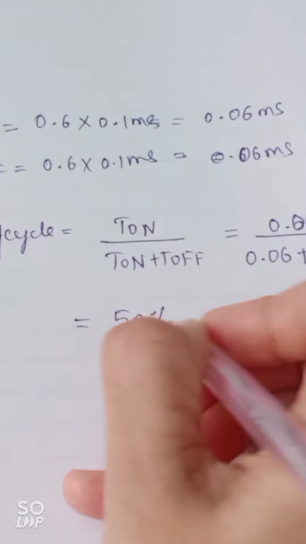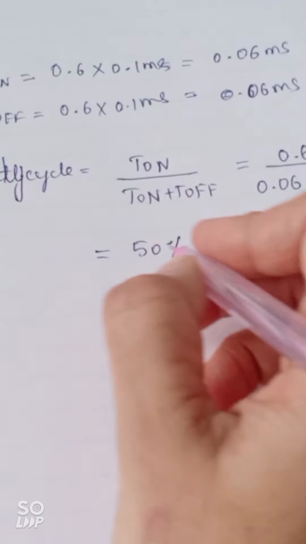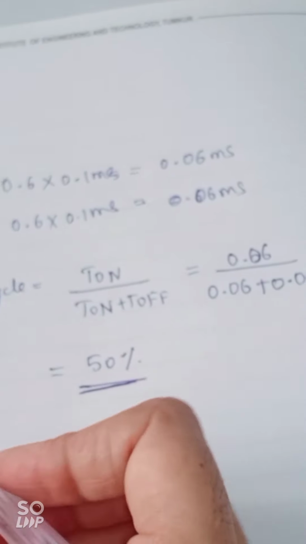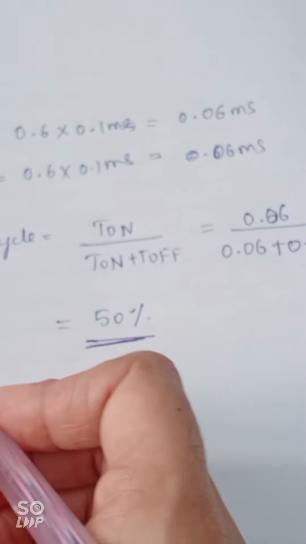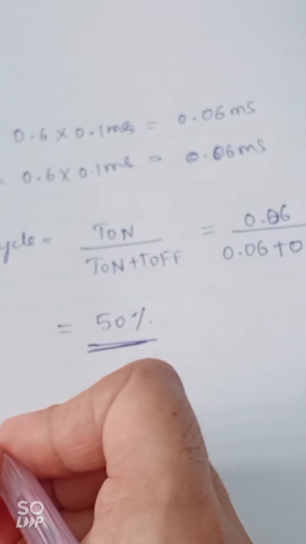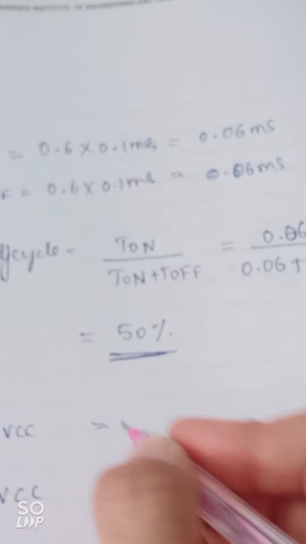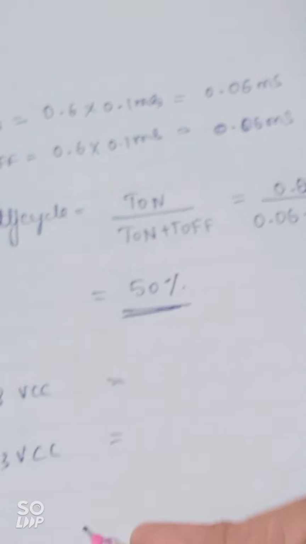If we divide numerator and denominator, we are getting exactly 50%. So we designed for 50%, and practically we are also getting 50%. Now we shall take the 1/3 VCC and 2/3 VCC values, and we shall calculate the frequency.